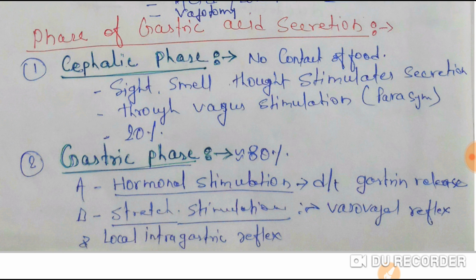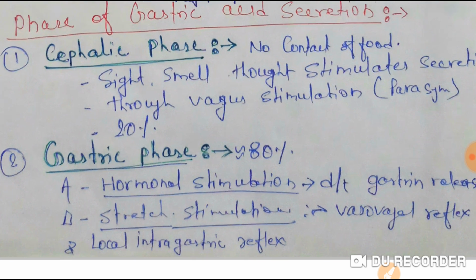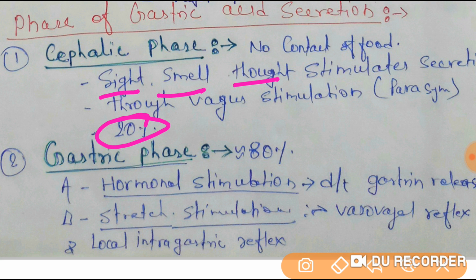The cephalic phase includes no food content taken; the only stimulus is through the vagus nerve, stimulation of the parasympathetic system by sight, smell, and thought, which stimulate the secretion of gastric acid. It is 20 to 30% of the gastric acid secretion.